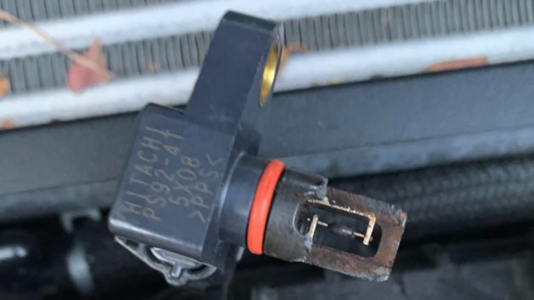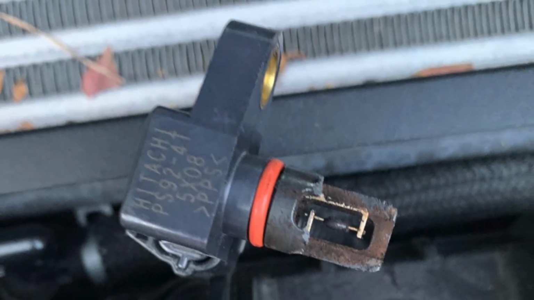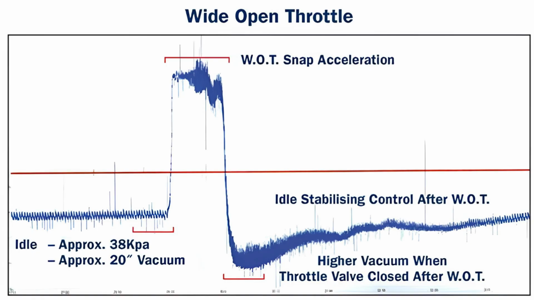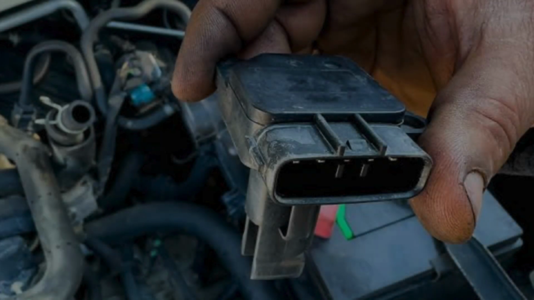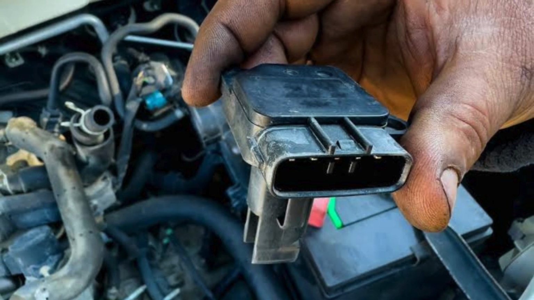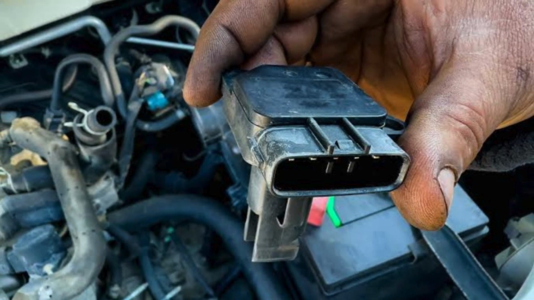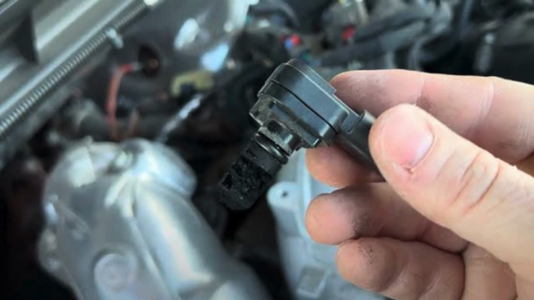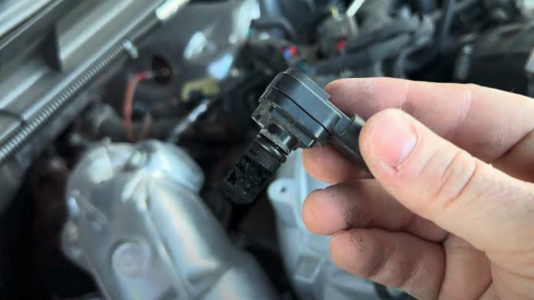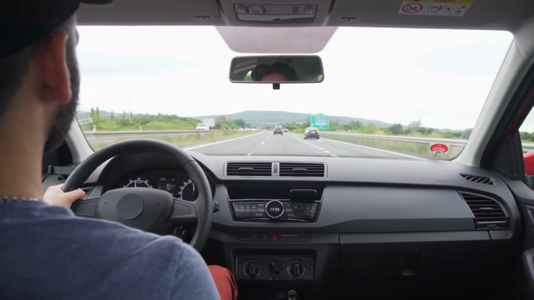When the sensor's internal circuitry or sensing element begins to fail, it may send inaccurate readings, intermittent signals, or sometimes no signal at all to the ECM. And the moment the ECM detects a MAP reading that doesn't match other engine data, such as engine RPM, throttle position, or intake air conditions, it recognizes something is wrong and triggers the P0105 trouble code. A failing MAP sensor will often cause noticeable drivability problems as well.